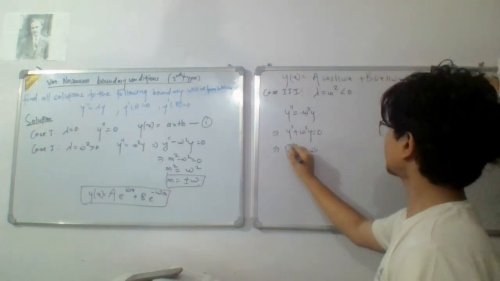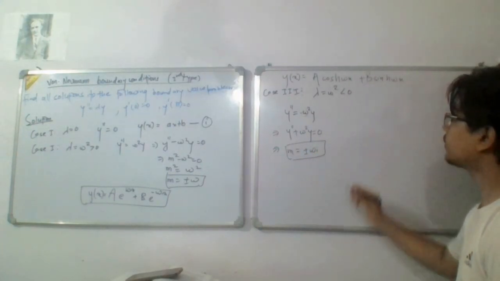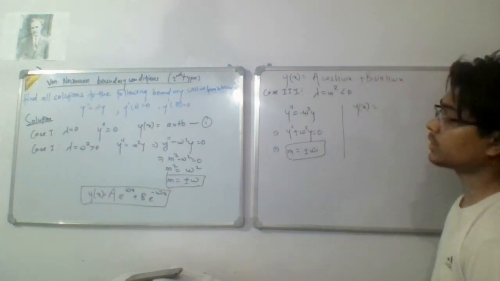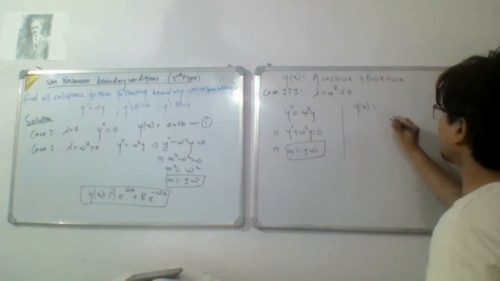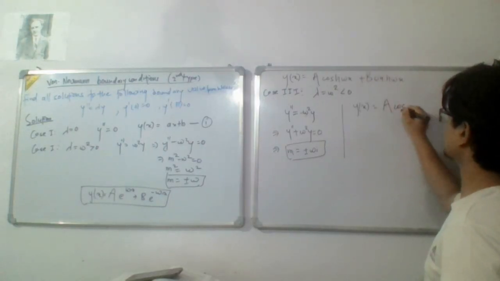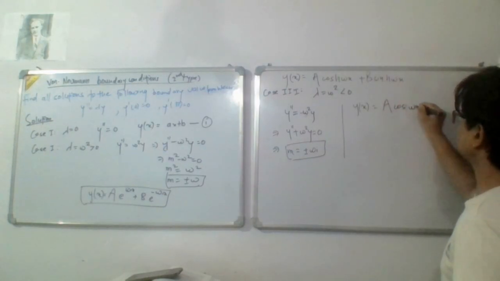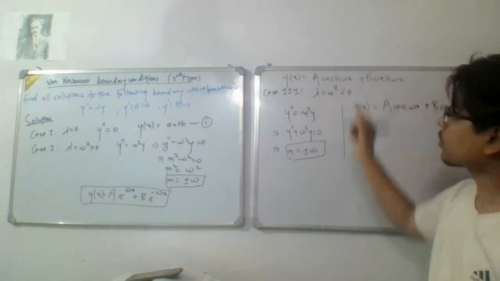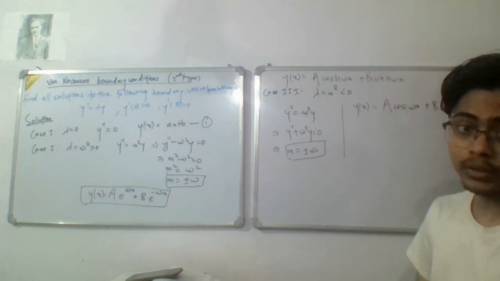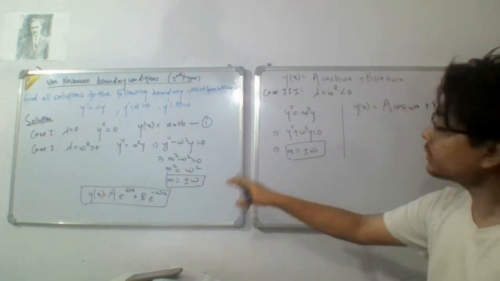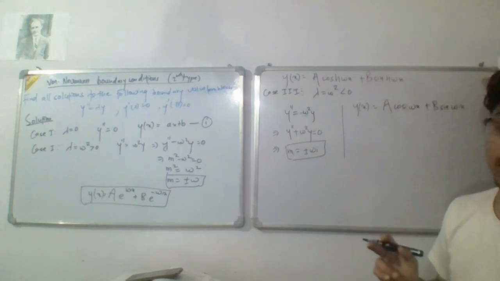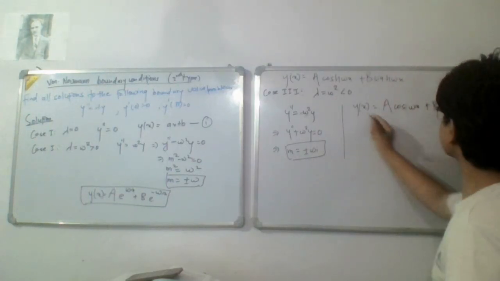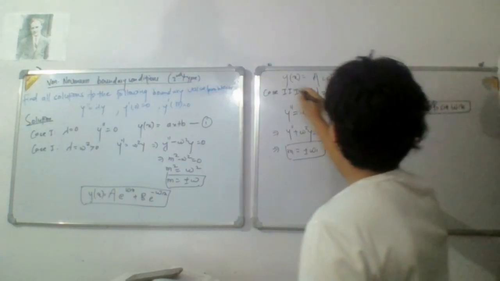So our solution to the differential equation, since it involves iota, becomes a cos of omega x plus b sine of omega x. Please notice we have hyperbolic functions when we have real roots, and we have non-hyperbolic trigonometric functions when we have iota or imaginary roots. This is the third solution, for the third case of lambda.